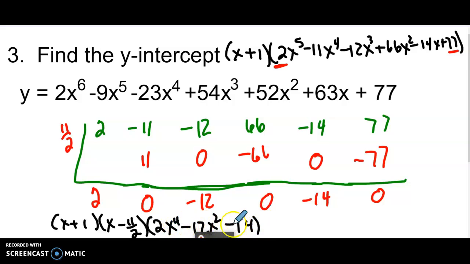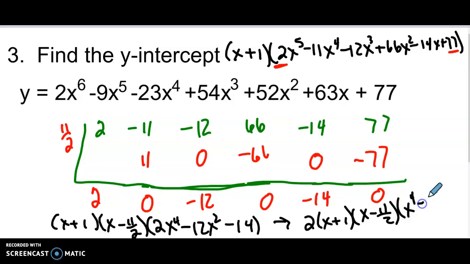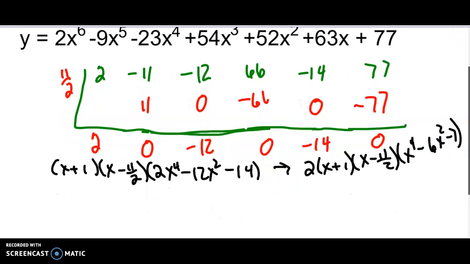Okay, this is quadratic-like. So I'm going to take a 2 out first of all. I'll bring it the whole way out front of the x plus 1 and the x minus 11 halves. And then this way, that becomes x to the 4th minus 6x squared minus 7. As I took a 2 out, that's going to make that much easier to factor for me, right?